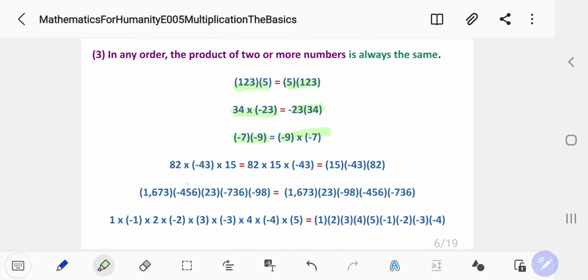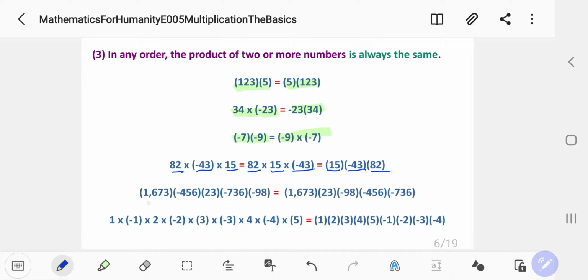Or if you have three numbers multiplied, like 82, negative 43, and 15, you can interchange the order. For example, retain 82 and then exchange 15 and negative 43, putting 15 in the middle and negative 43 on the right.